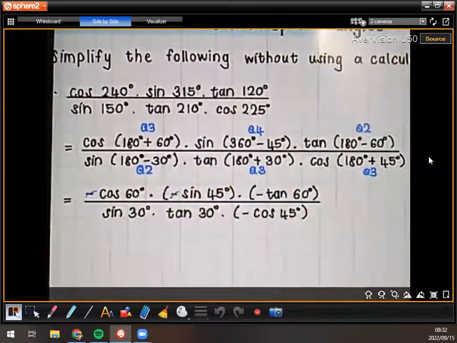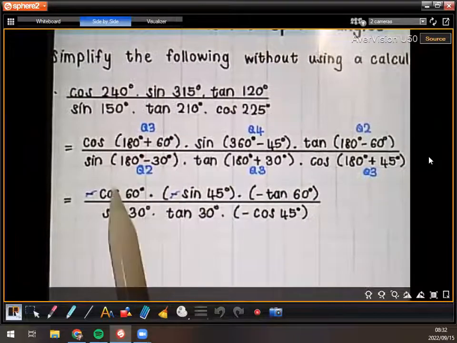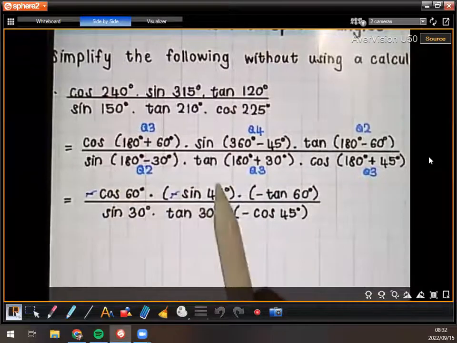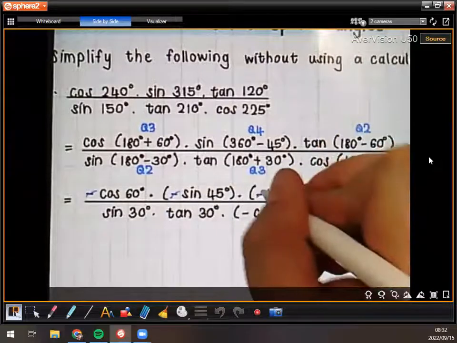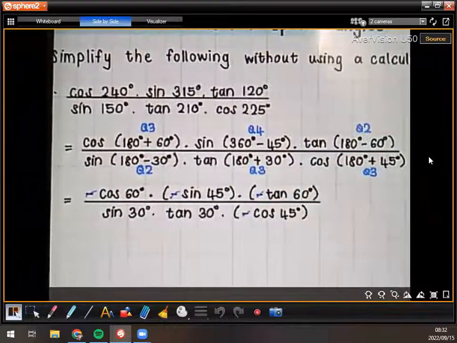So draw a line through them, but guys, please make sure that the marker can see that you had negatives there, because you get marks for knowing that this is negative cos 60, negative sine 45, and so on. And then we have two more negatives. A negative divided by a negative again is a positive. So those two negatives also cancel off. There's nothing else that's the same.